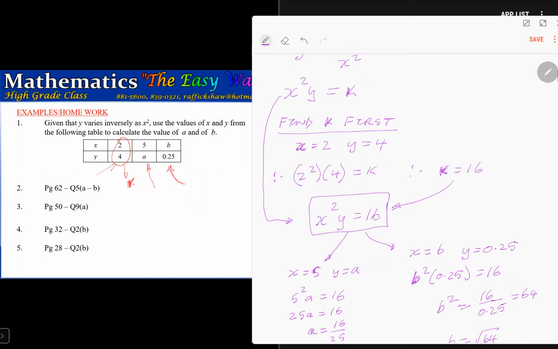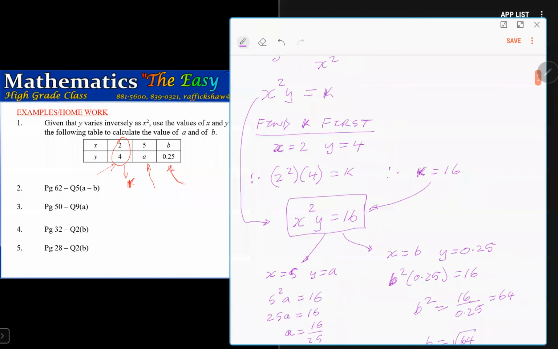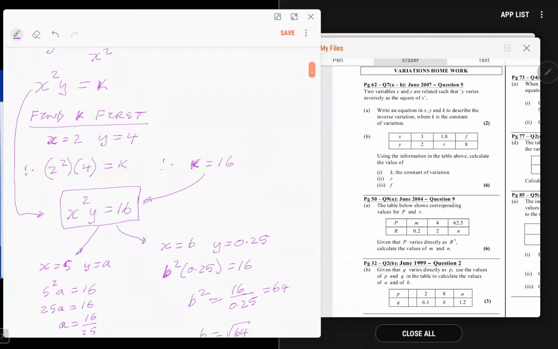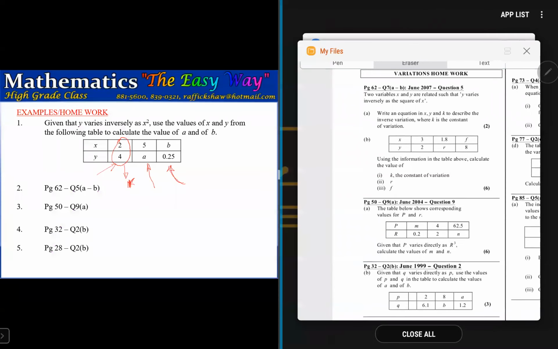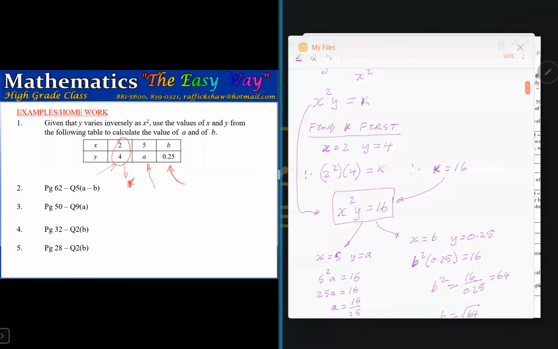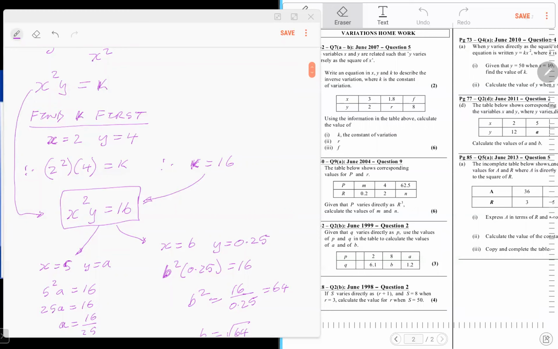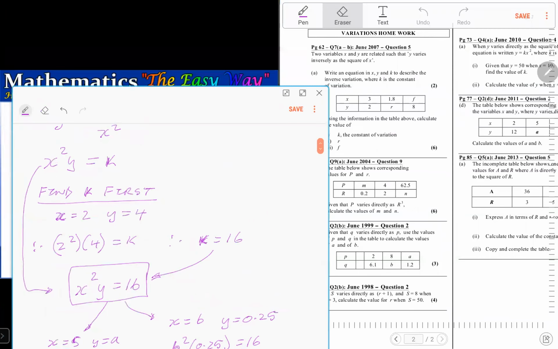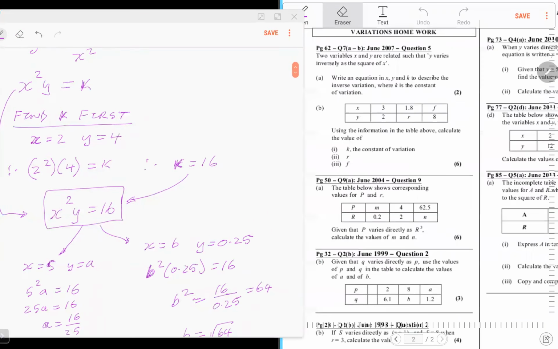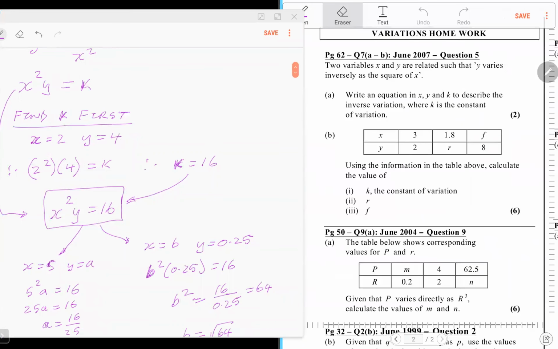Let's do one more example before we finish. One more example, and you can call it a day. We did an inverse variation one a while ago, so let's look for a direct variation one. Here, this one says two variables x and y are related such that y varies inversely.